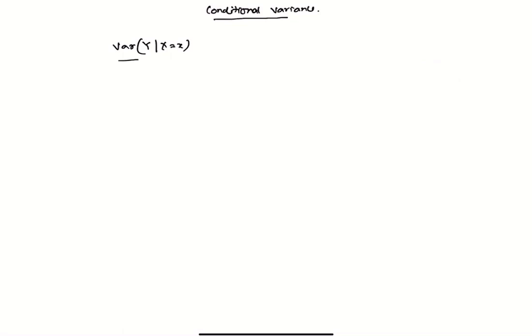What is the variance of y given x is equal to x? The typical formula for variance is the expected value of y square given x is equal to x, minus the square of the expected value of y given x is equal to x.